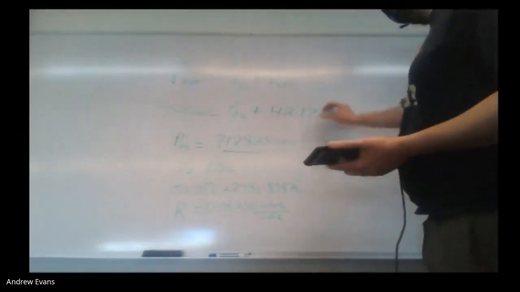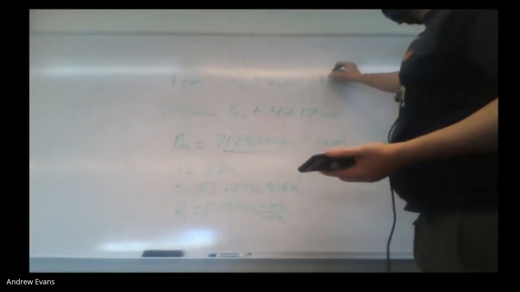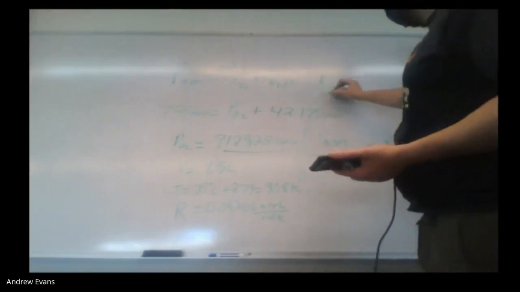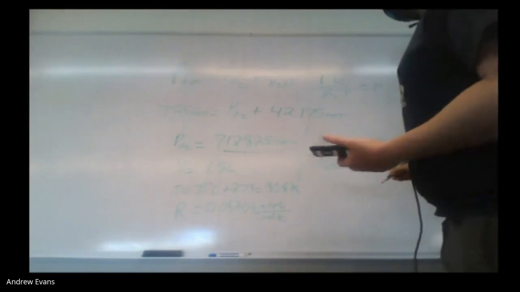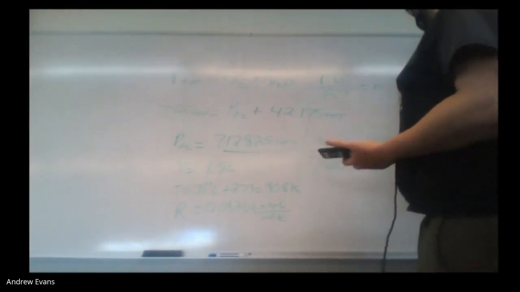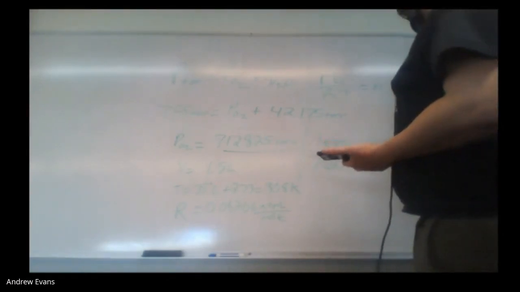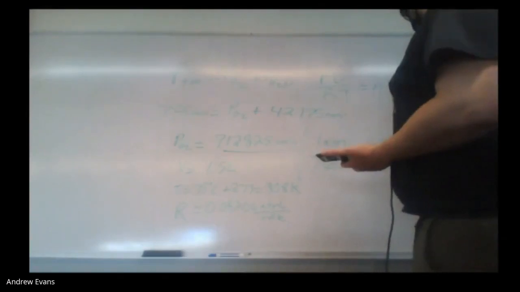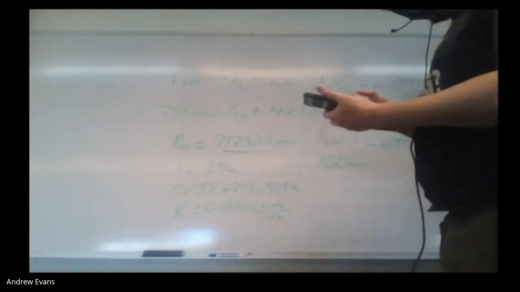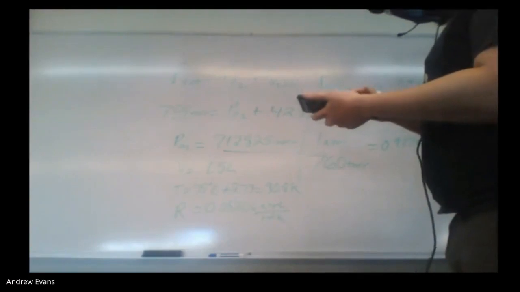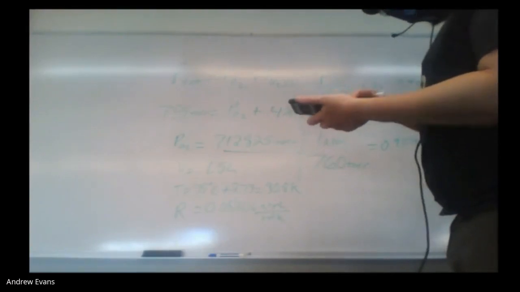So coming up, PV over RT equals n. Plugging our numbers in, 0.9379 times 1.5 divided by 308 and divided by 0.08206. So in this particular case, pressure is relatively low.